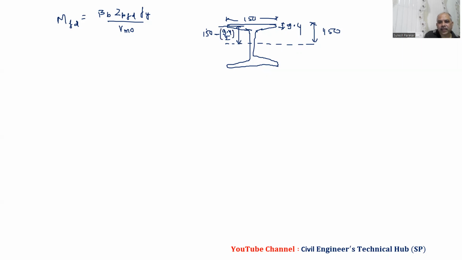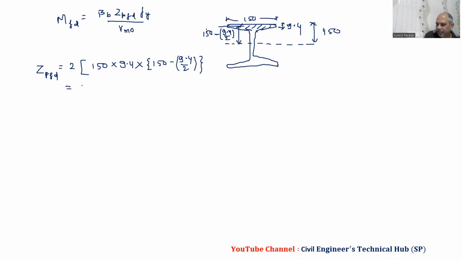We have to take moment of this area, and from this we will get ZPFD equal to 2 times, as we have on both sides, area of flange 150 into 9.4, and Y bar, that is 150 minus 9.4 divided by 2.